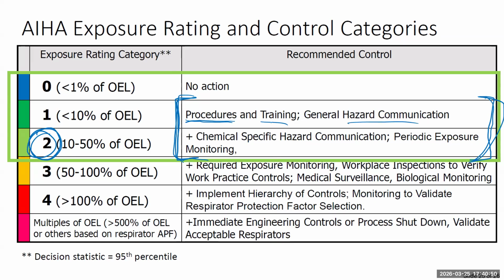Anyway, we'll talk more about that, and you can see as our ERCC, the rating and control category, moves down this table or up on the list, we're going to have to implement more and more controls. Actually, if we're at category 4, we are going to look at everything on this list.